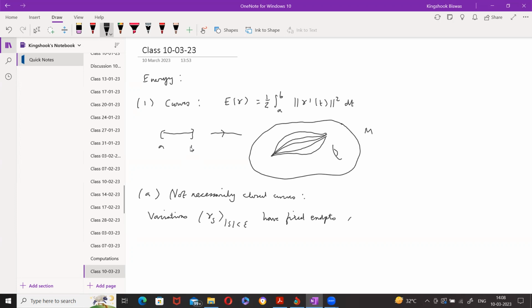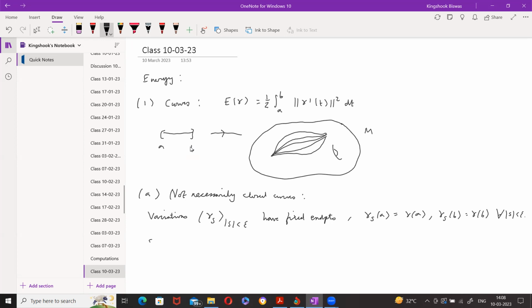So gamma s of a equals gamma a, gamma s of b equals gamma b, for all s. Okay, so proper variations, as we call them.